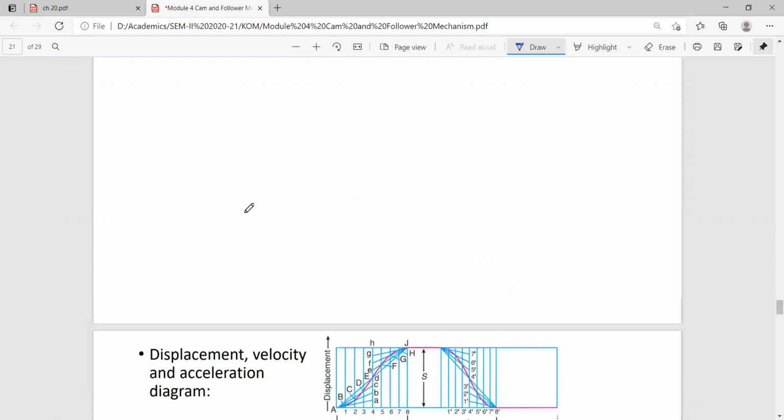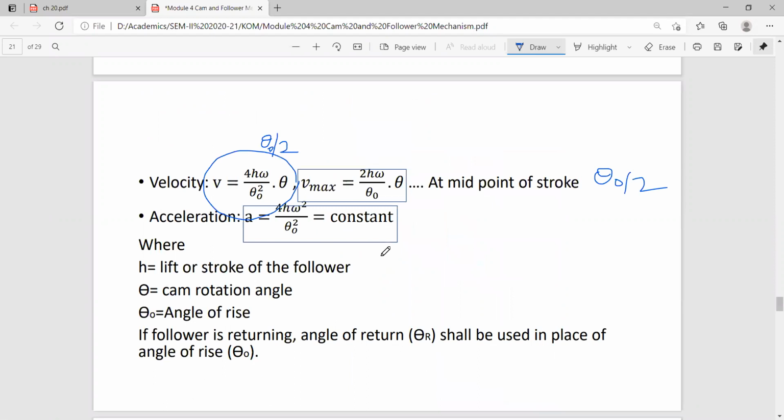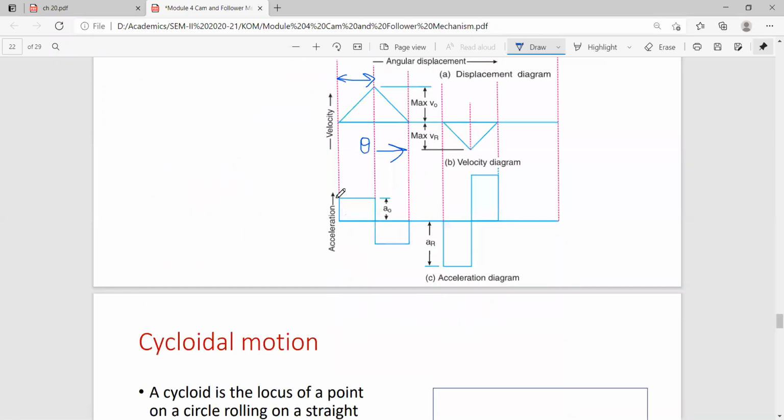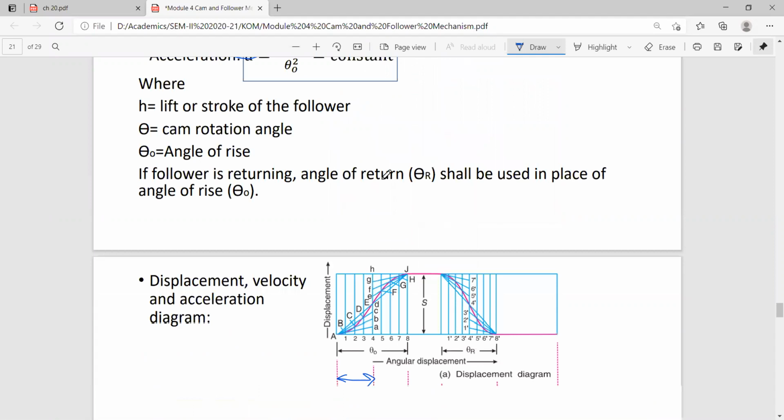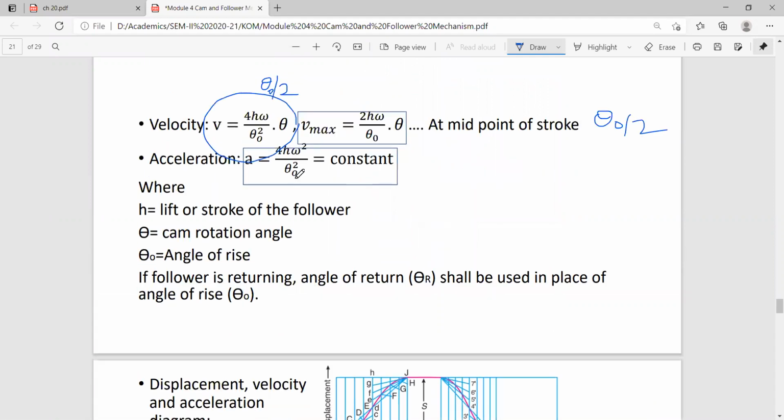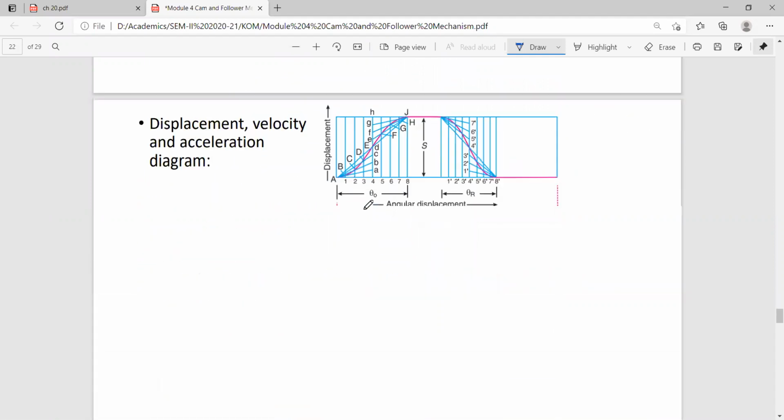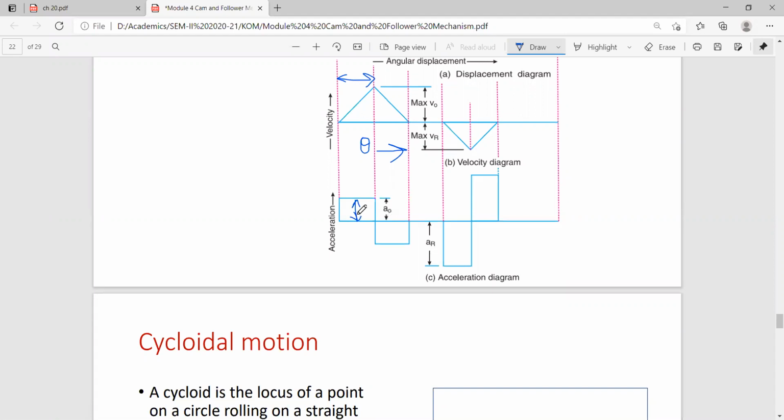We have seen acceleration value is constant, so you can draw a horizontal line at this height, and this height is whatever is the value of your acceleration, this value 4h omega square upon theta 0 square. You can take it by judgment, no need to measure this. I mean, you don't need to take any scale to draw it.